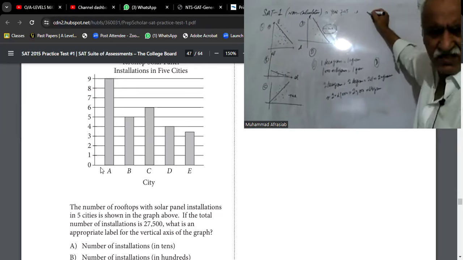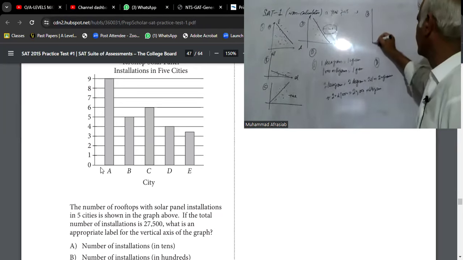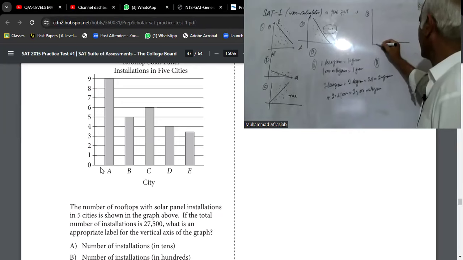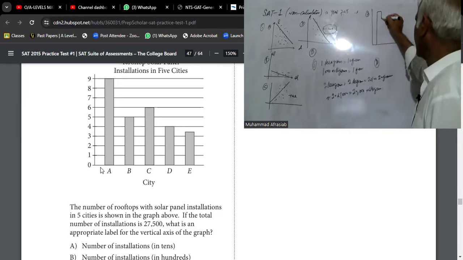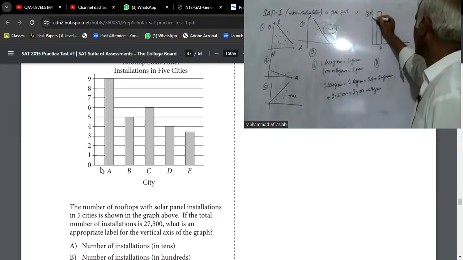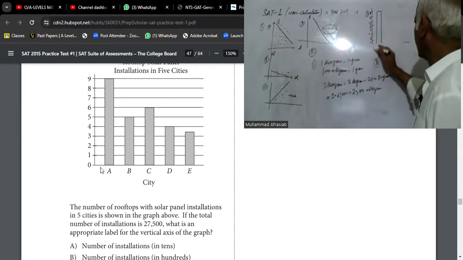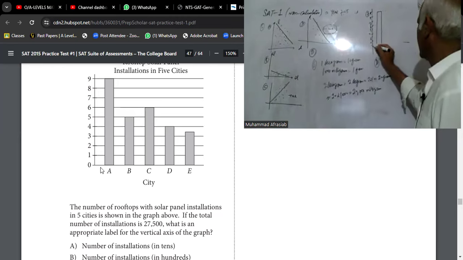Let's say this is question number 7. The graph A is going up to 9 times: 9, 8, 7, 6, 5, 4, 3, 2, 1, 0.